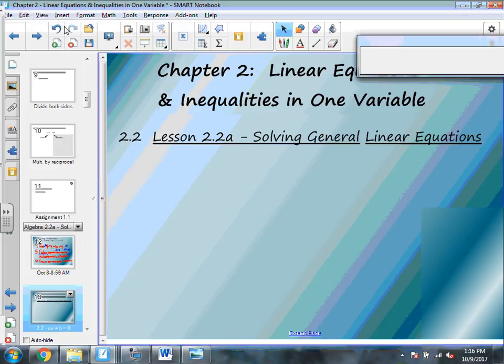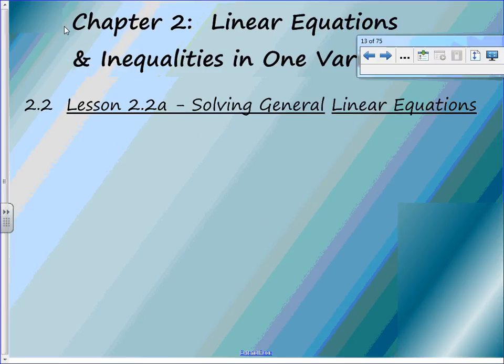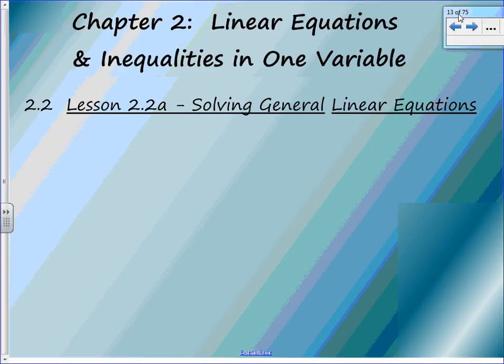What I wanted to do was define what a linear equation is, so we knew what we were focusing on this chapter. And so we can differentiate it from the future. Linear means that x is to the first power.